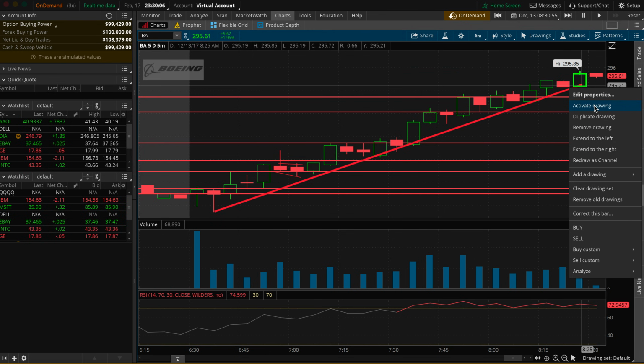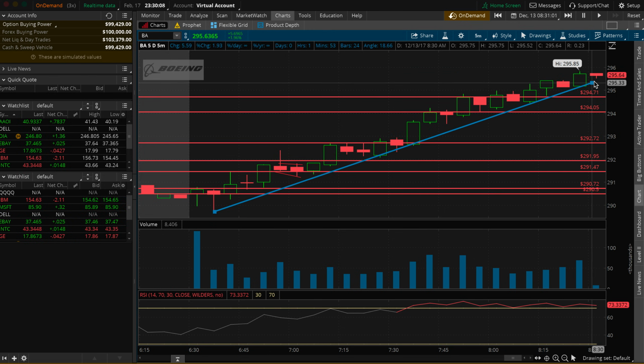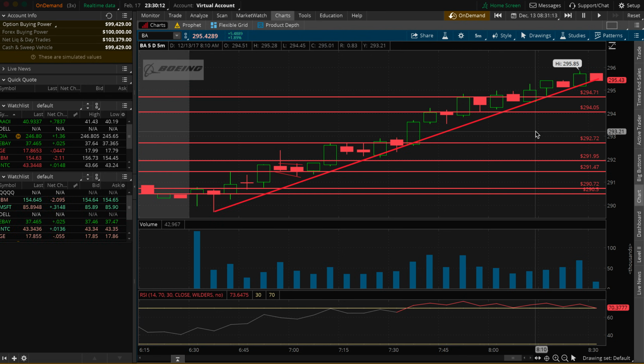Bring that trend line. Okay, so let's see what's going on here. So broke this trend line. Okay, it's going down. See, we still have support right here. So this was our warning. It went below our warning.